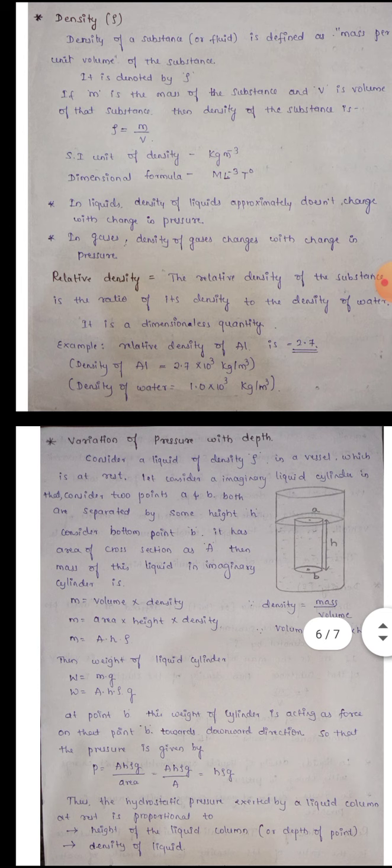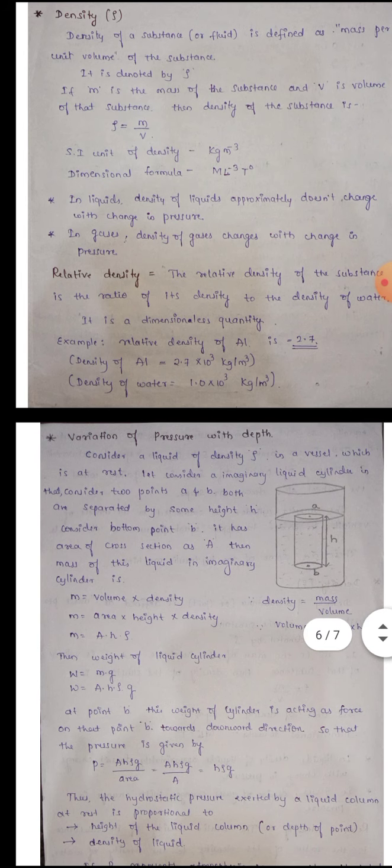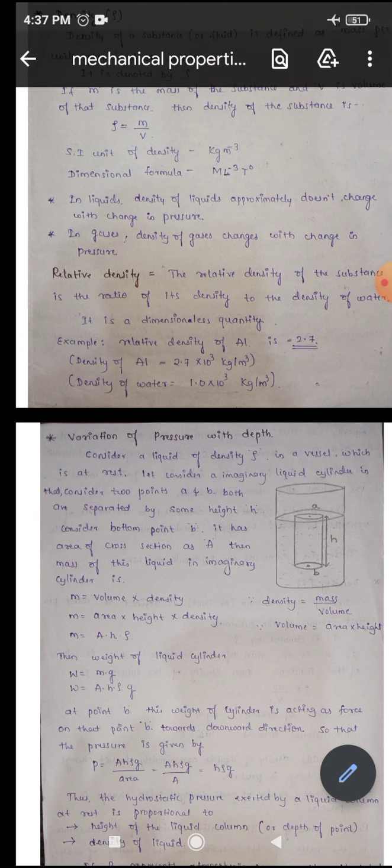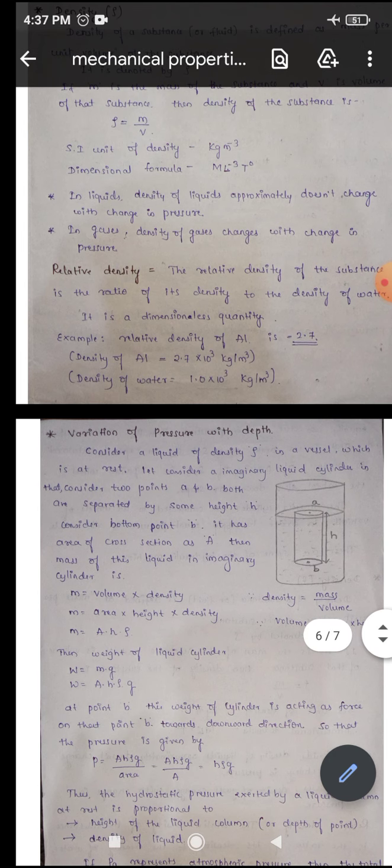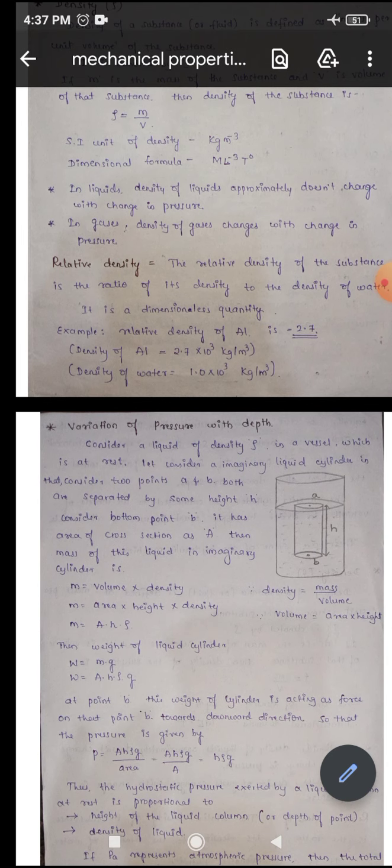And the density of water, we know, is 1 into 10 raised to 3 kg per meter cube. This relative density is a dimensionless quantity because it is a ratio of the density of a substance to the density of water.